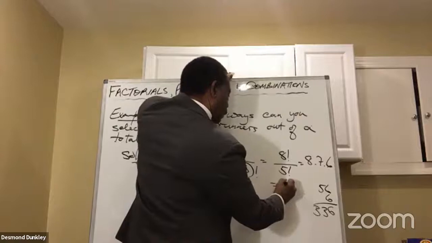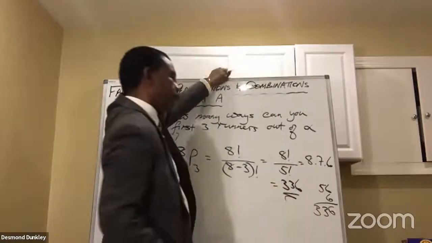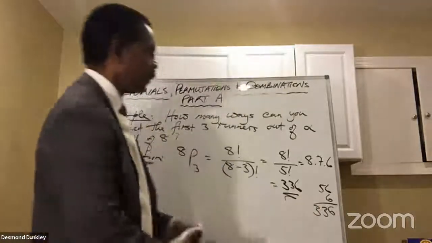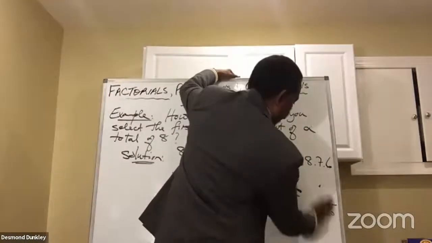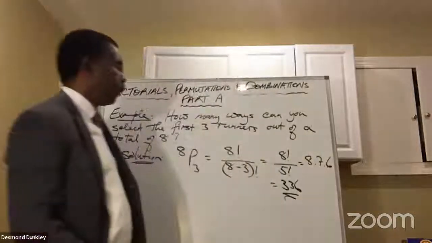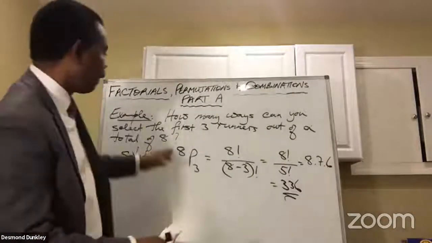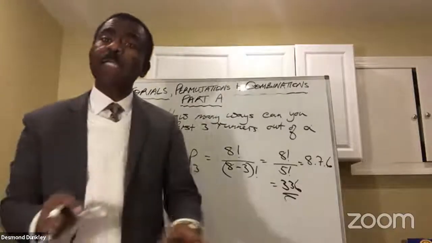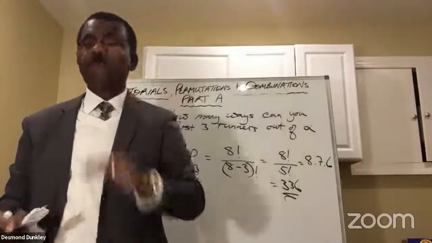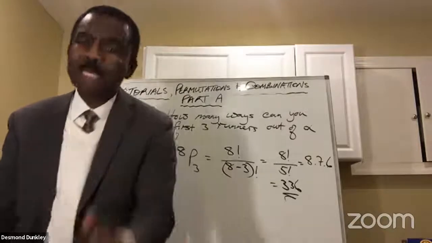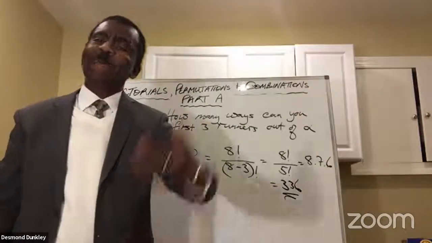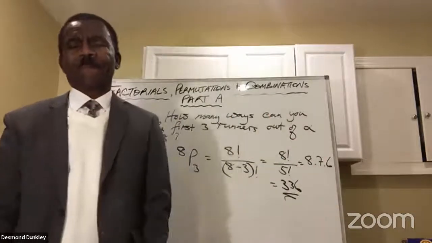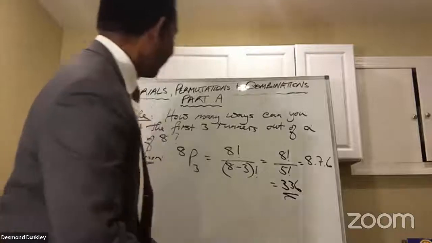So that is 336. Okay, so we're saying that you have 8 runners and there are 336 ways that you could end up with first, second, and third. Assuming that anybody could finish first, anybody could finish second, and anybody could finish third. Okay? Let's try another one.